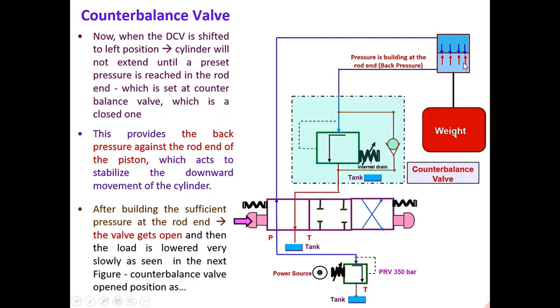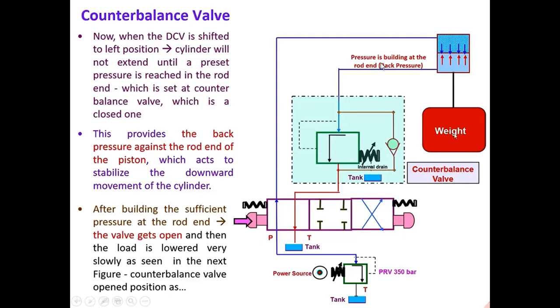Closed means the weight of this body is acting on this fluid. So when this pressure force is equivalent and becomes maximum, then the weight will extend. This is called a counterbalance valve.